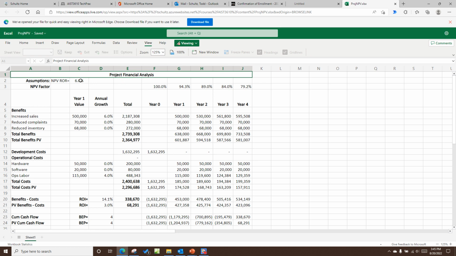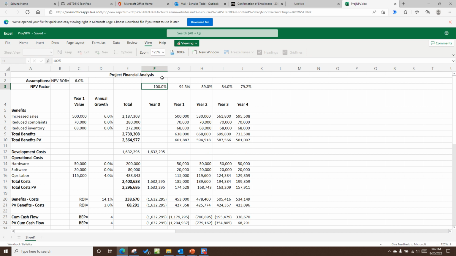So the key thing here is this is a plugged value, but the book calls it NPV ROR, the discount rate. I think in the original problem, 6% was that combination of how we discount future money for inflation, for opportunity, and for risk, and we feel like we lose 6% every year.